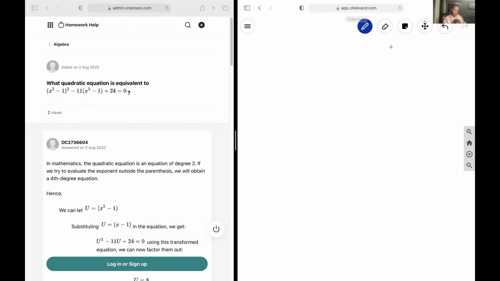Okay, so next up we want to find what quadratic equation is equivalent to what we have here. We know that the general form of a quadratic equation is u squared plus bu plus c equal to 0, right? From here we can see clearly that if you substitute u is equal to x squared minus 1, then it becomes u squared minus 11u plus 24 is equal to 0.